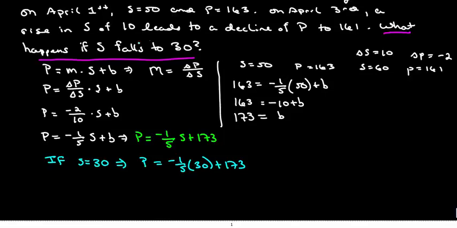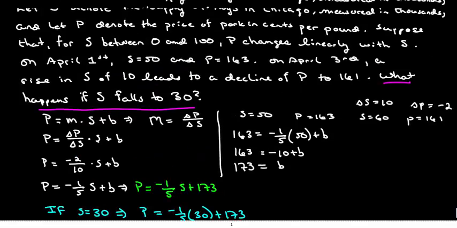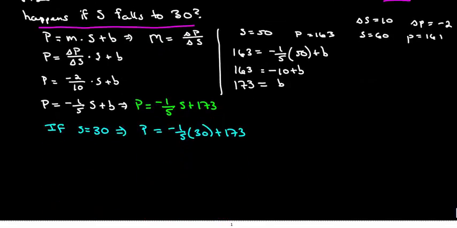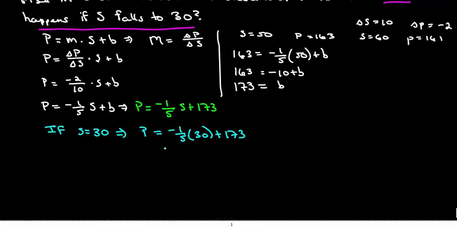Now 30 is still between 0 and 100, so we're good with this relationship. So P equals negative, 30 divided by 5 is 6, so -6 plus 173.